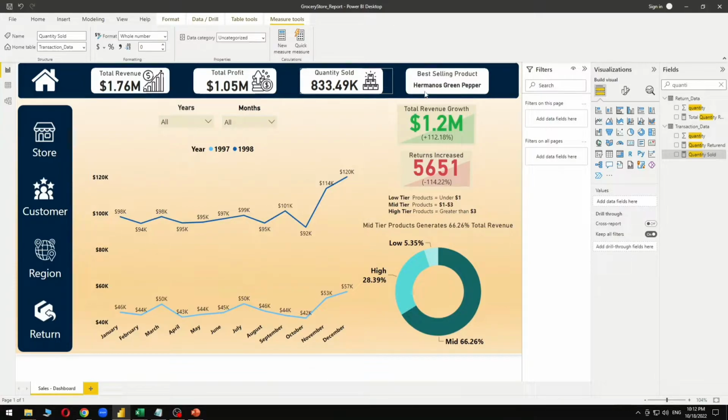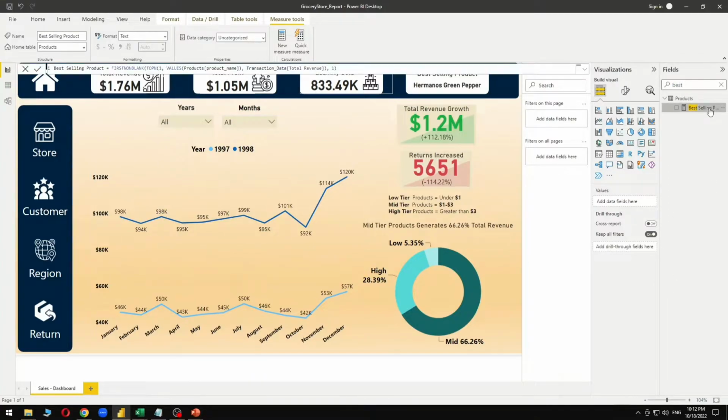So this is Hermanos green pepper, the best selling product for the combined 1997 and 1998 years. How have we calculated this best selling product? We have used the Top N function using the filter function.